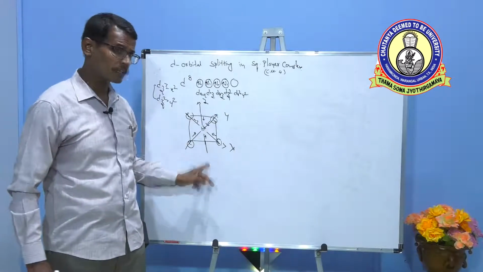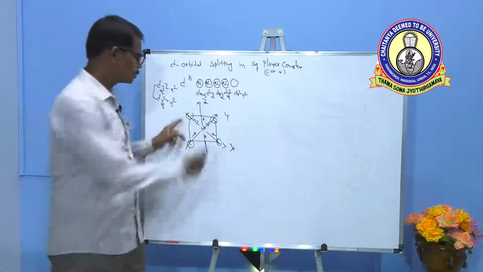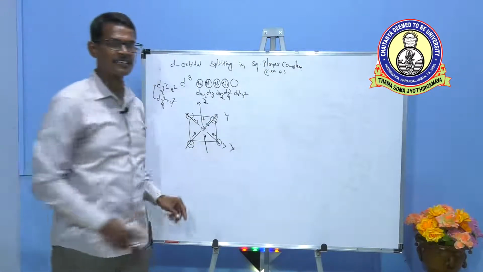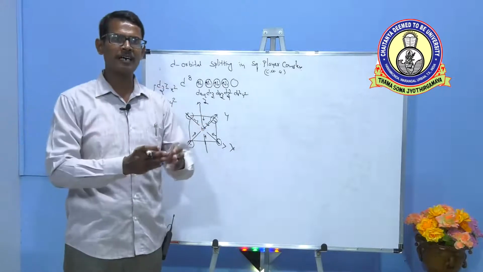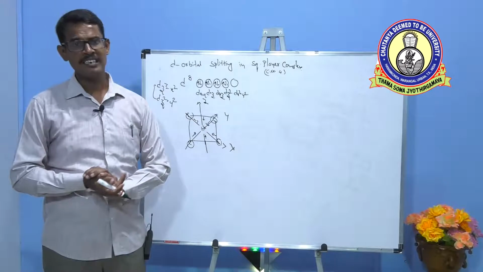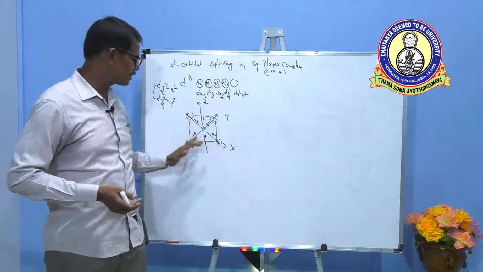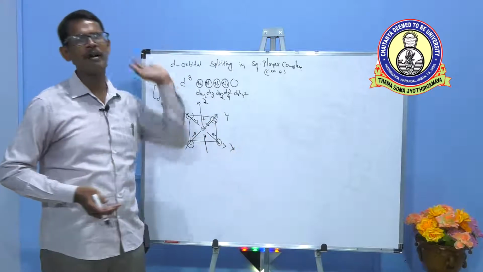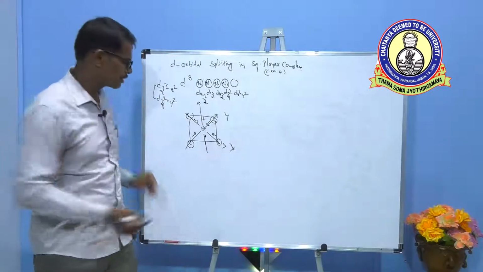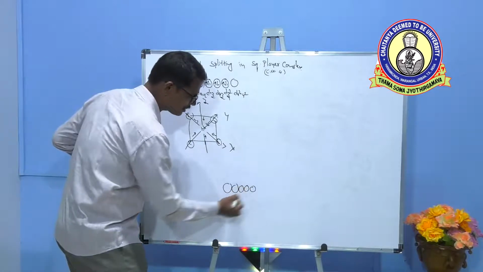It wants to form octahedral, but the z ligands are removed from the coordination sphere, because the 4 ligands along x and y move towards the central metal ion more closely compared to the ligands along the z axis. These are unsuccessful, these are successful in the bonding, forming a square planar geometry. And in a free metal ion, the 5 d orbitals are the same in energy.